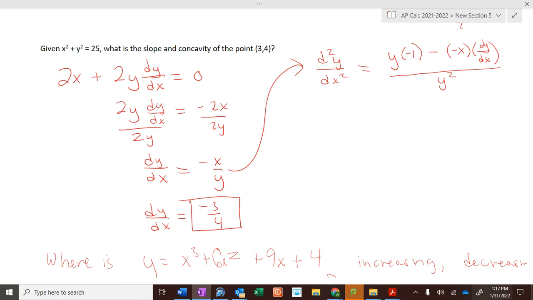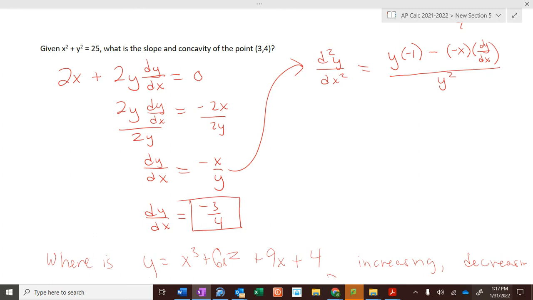That's the quotient rule, from the first semester. The denominator times the derivative of the numerator minus the numerator times the derivative of the denominator, over the denominator squared.